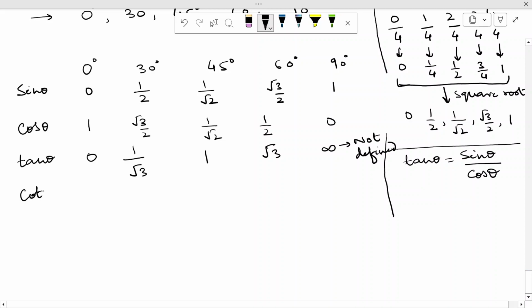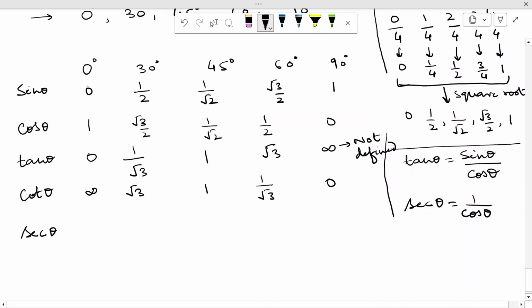Now, for cot theta you just reverse the order, as we did in the case of cos. So this will be infinity, root 3, 1, 1 by root 3 and 0. The next trigonometrical ratio is sec theta, which is 1 over cos theta.